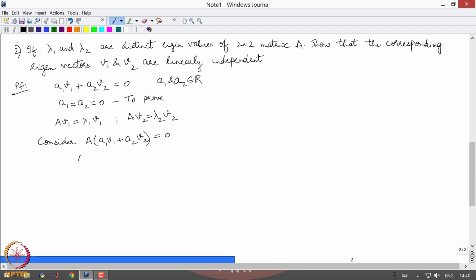So, now we expand it, and then I substitute these into this equation, which will give me a1 lambda 1 v1 plus a2 lambda 2 v2 equals 0. So, we will say this is equation 1. Now, I will consider another equation.